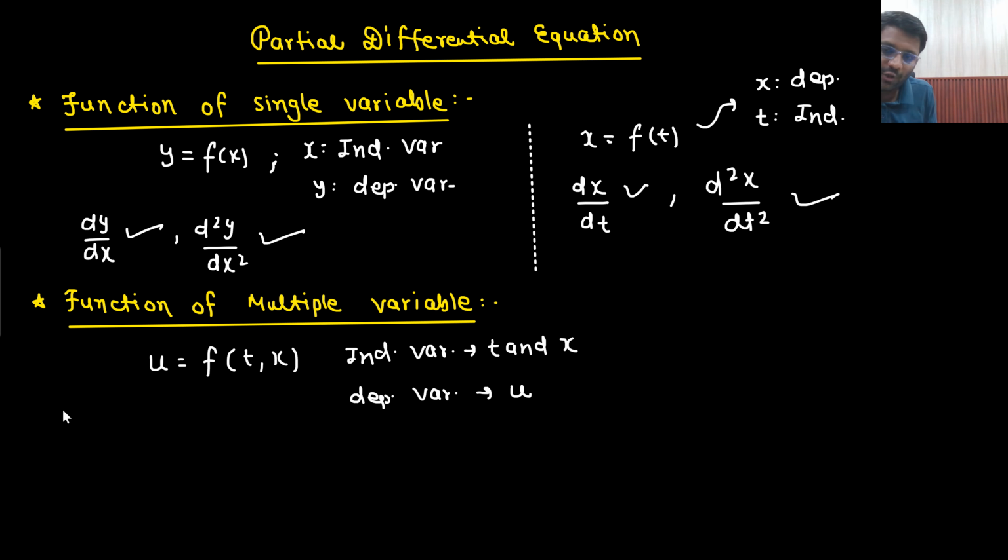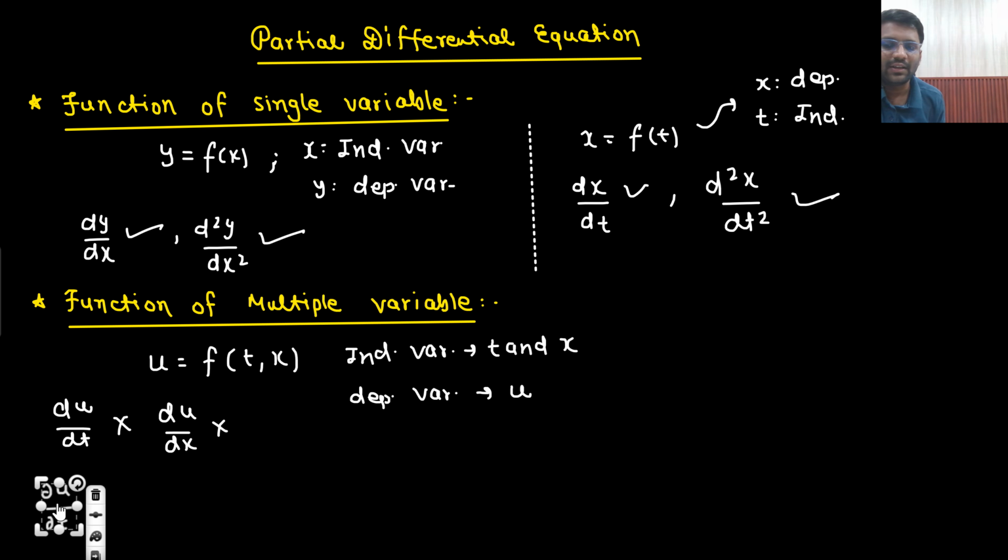Here, can you calculate du by dt? No. Can you calculate du by dx? No. What you can calculate is the partial differentiation of u with respect to t. All these things we already know, right? We have already studied partial differentiation in differential calculus. So can you calculate del u by del t?